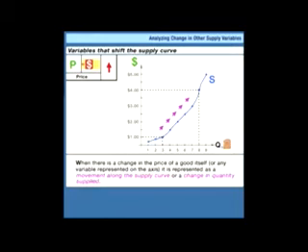We call this movement along the supply curve in response to a change in the price of bread a change in quantity supplied. When the price of bread increases, we move up the supply curve. The quantity increases. When the price of bread falls, we move down the supply curve. The quantity supplied decreases.